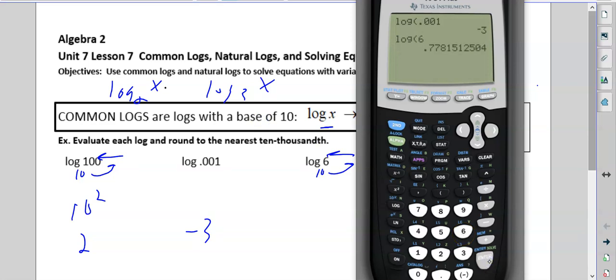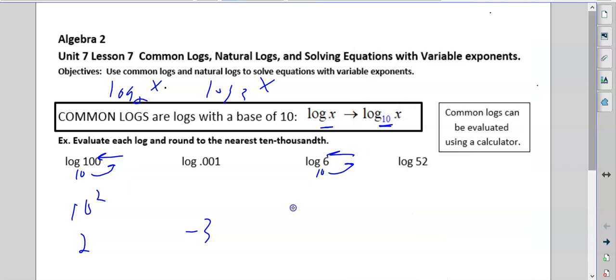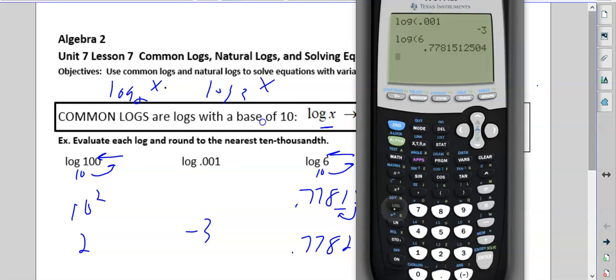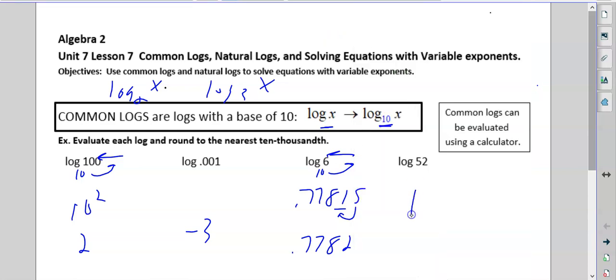Now it says round to the nearest 10 thousandths. So that's tenths, hundredths, thousandths, 10 thousandths. That's 4 spaces. So that's 0.77815, which means we're going to look here and say 0.7782. Okay, log of 52. 1.716, so we actually write that 1.7160.